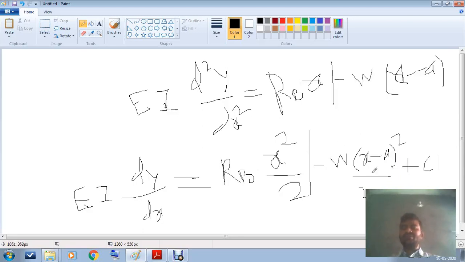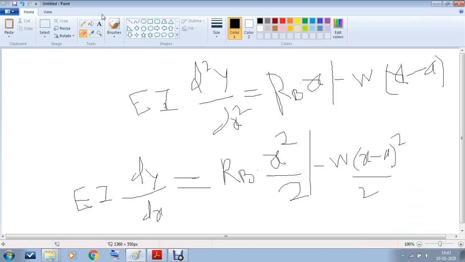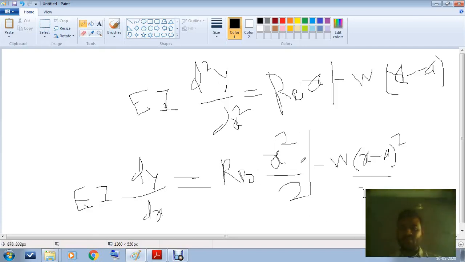Now this term C1 is a constant. But what Macaulay suggested is that instead of writing C1 at the end, it must be written before this line. So C1 is always written before here.